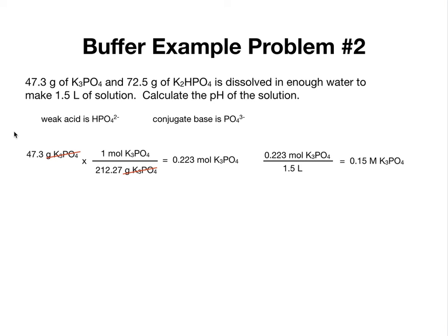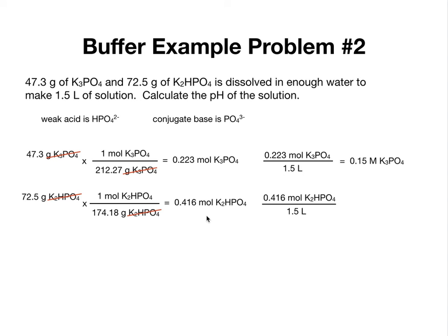Now we take the mass of the potassium hydrogen phosphate and divide by the molar mass. The grams cancel. We've got 0.416 moles of potassium hydrogen phosphate. We divide by the 1.5 liters and get 0.28 moles per liter.